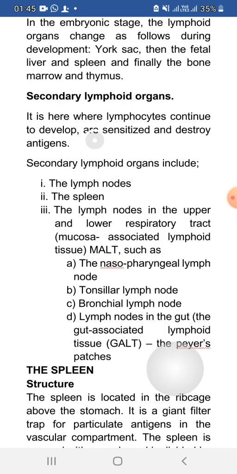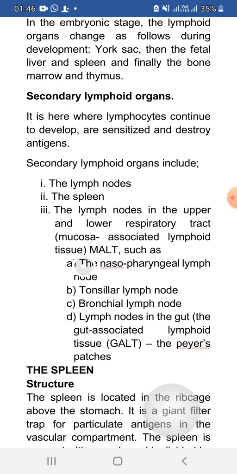The other thing is that after activation, it is in these sites where they mainly carry out their activity. Secondary lymphoid organs include lymph nodes, the spleen, and diffuse lymphoid cells. These are individual cells which allow development and activation of the developing B cells or T cells.